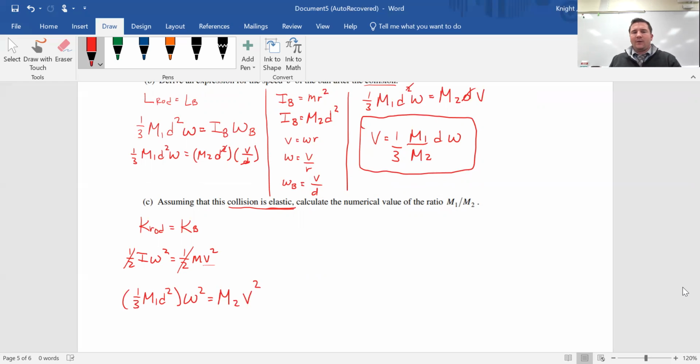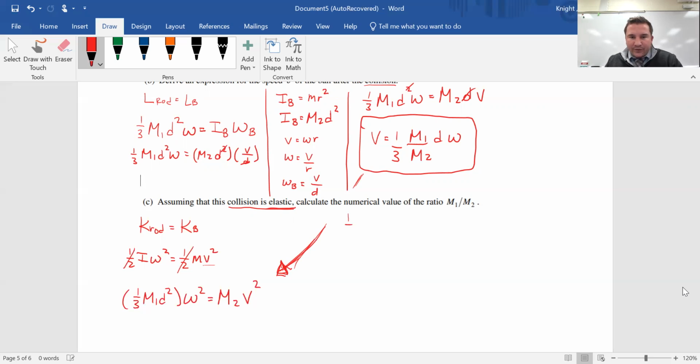So we could do this a couple ways, actually. We could go ahead and solve for v here and then set them equal to each other. I'm going to plug in v from my momentum equation into v in my kinetic energy equation and solve that way. So I'm just going to replace v, right? We still have an equation that has v in it that's not allowed. So here I have an expression for v that doesn't have anything that's not allowed. So I can plug that in and we can go from there.